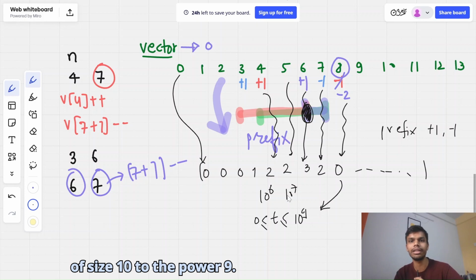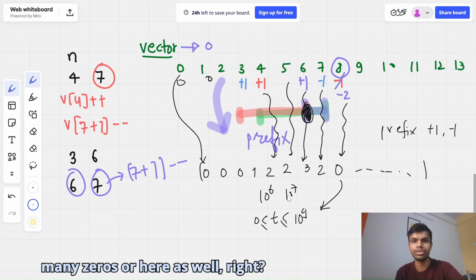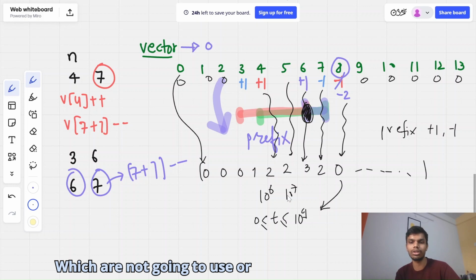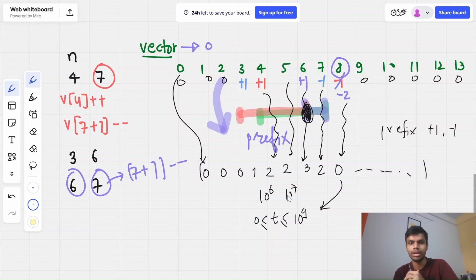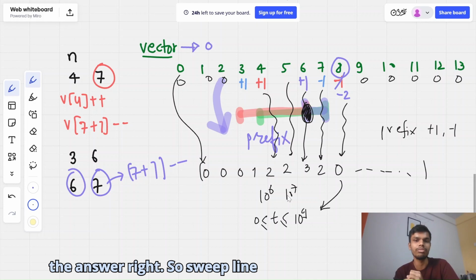We can't create a vector of size 10 to the power 9, and you can see that there are many zeros here as well, which are not going to give any sort of value in the evaluation of our answer, right?